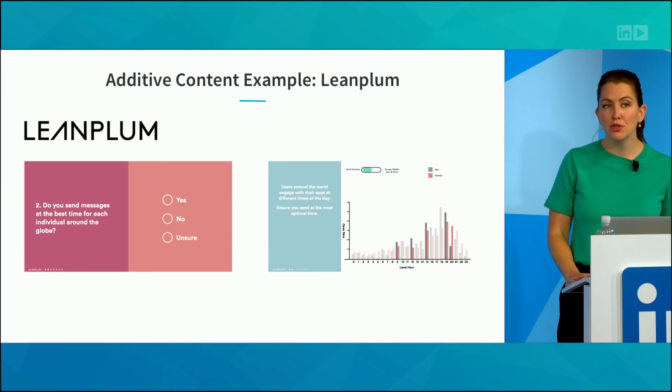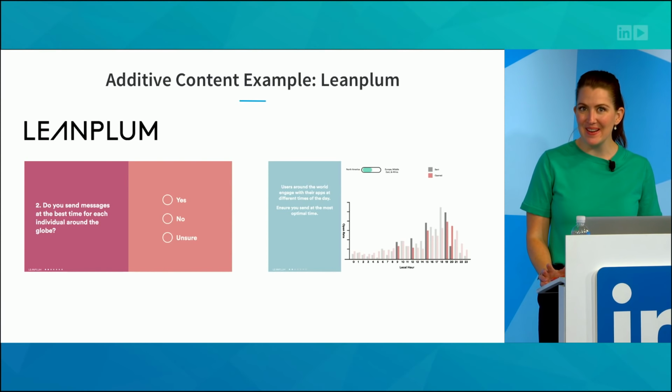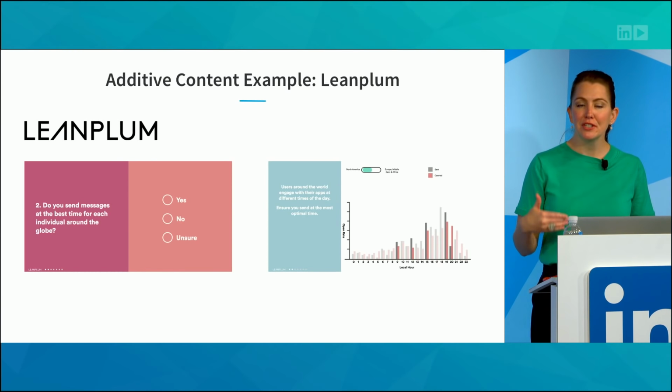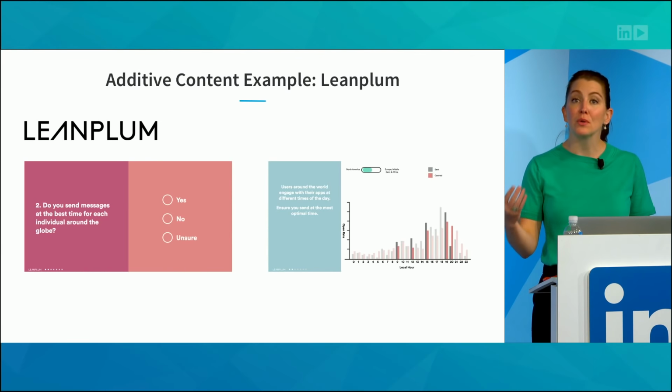Now, a quick example of additive content. I'm not sure if Lean Plum actually has done this, so don't quote me on this, but they had a quiz, an assessment that they had posted on LinkedIn as a sponsored content piece. And then when you click through, you can answer a series of questions, and then it gives you some answers as you go along.